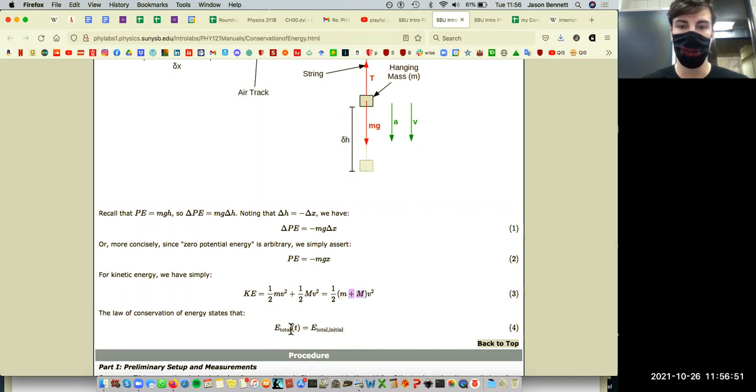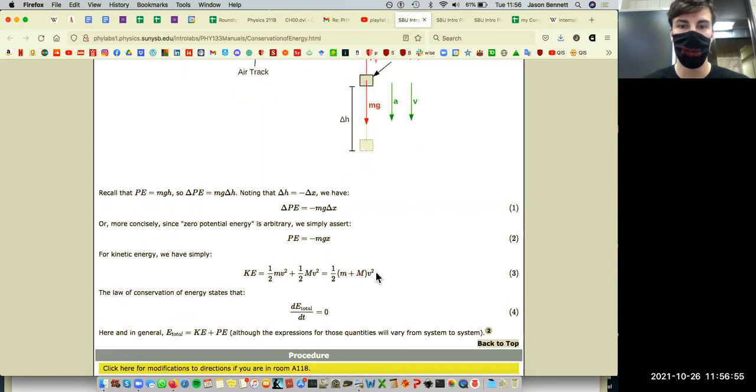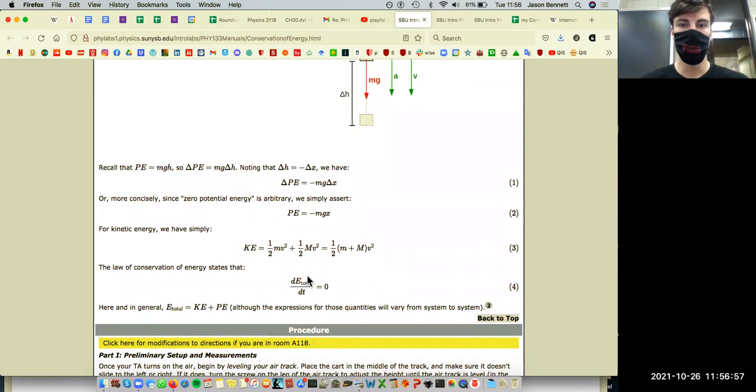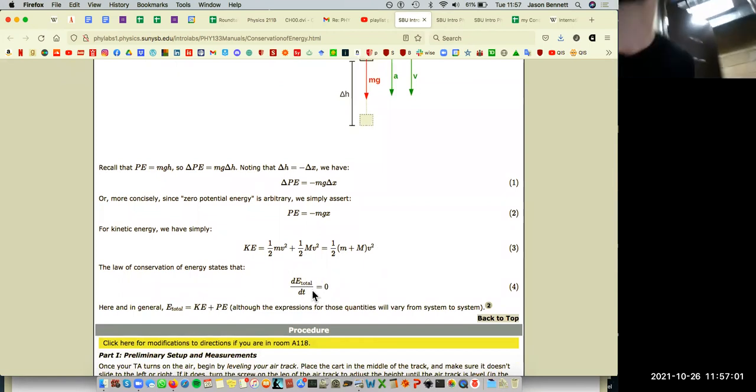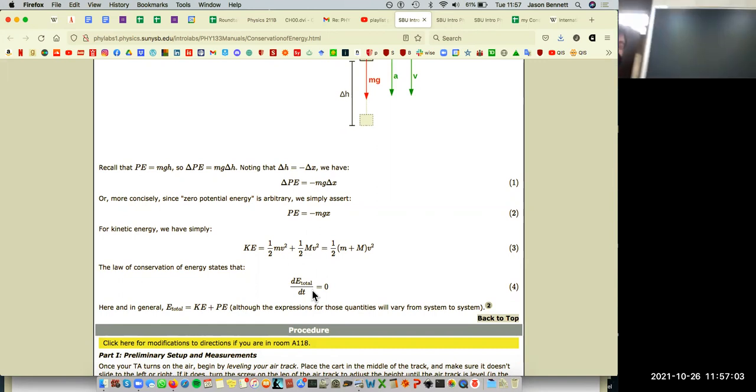Anyway, so what does this mean, and why is it a poor equation to use, and we use this one instead? An example of what this equation means: what does it mean for something to not be dependent on time? So what if I had E equals 10 t squared?